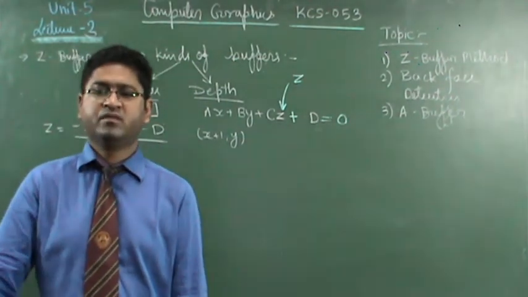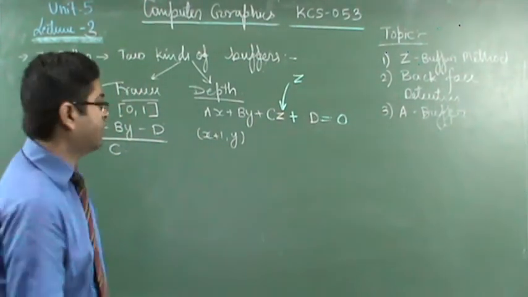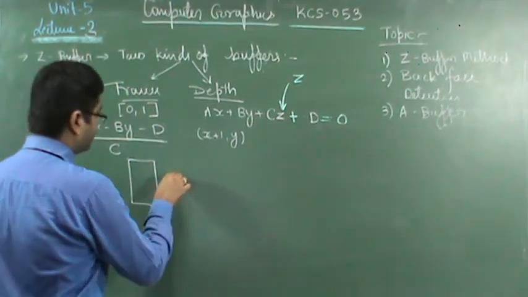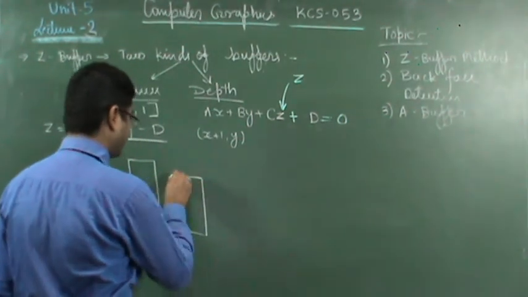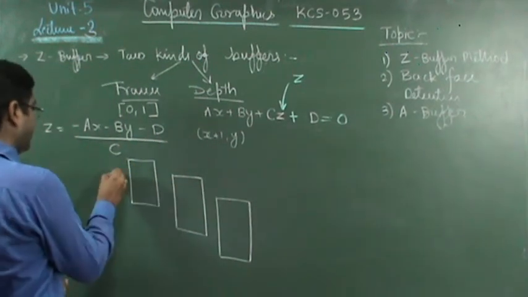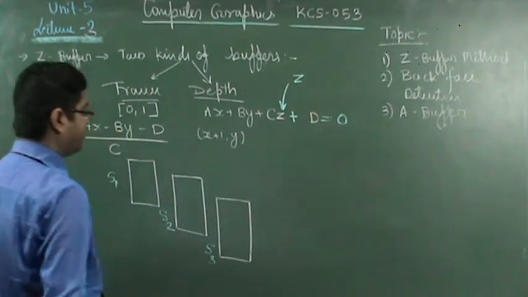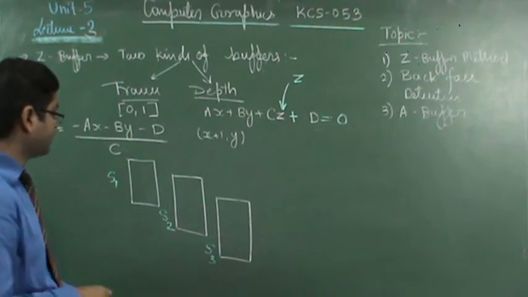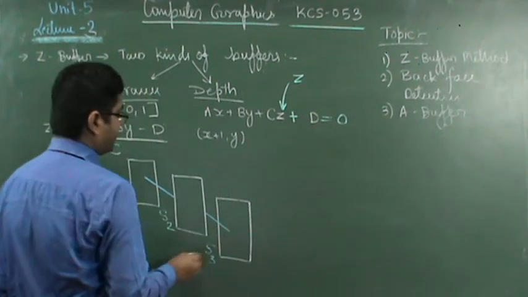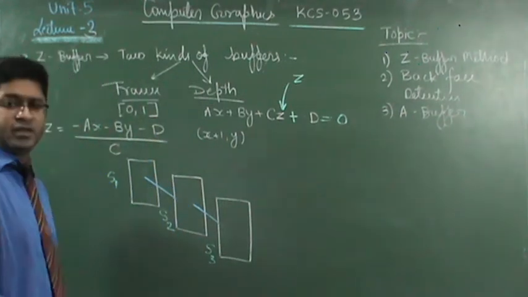Here we have a particular grid and a particular range, and we have already seen how different frames work concurrently with each other. This has S1, S2, S3 frames, and the particular area.